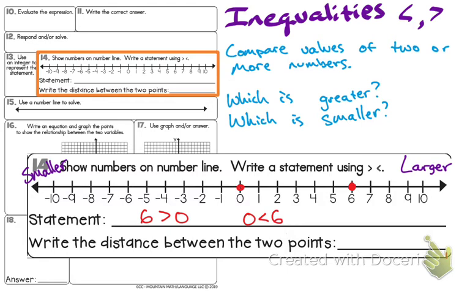It doesn't matter how you're choosing to write that down. As long as we're using our number line, it will follow that rule. The last thing we're asked to do for this is to write the distance between those 2 points, so we can simply count how many spaces are between 0 and 6, and that's pretty easy. We have 6 spaces in between 0 and 6.